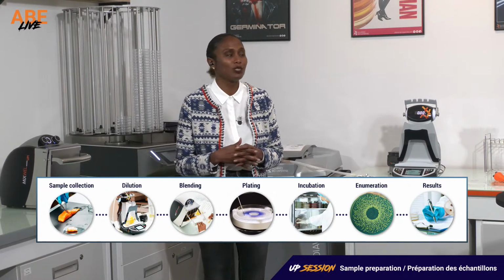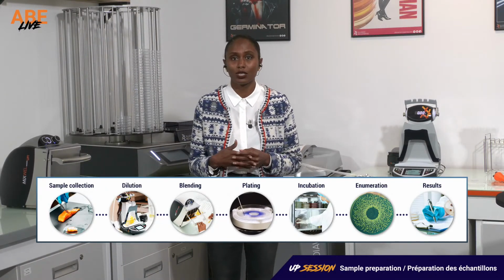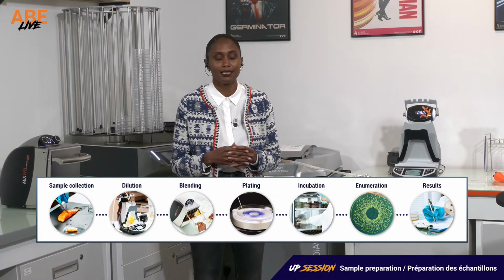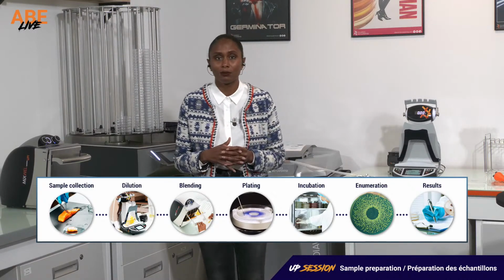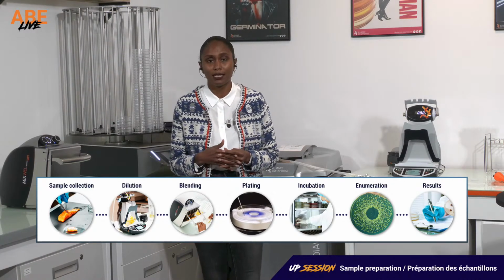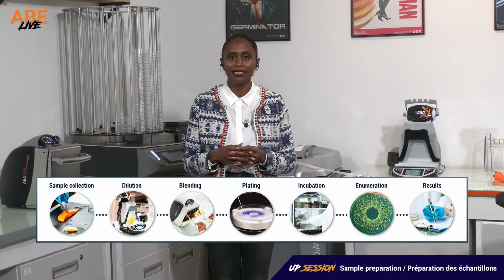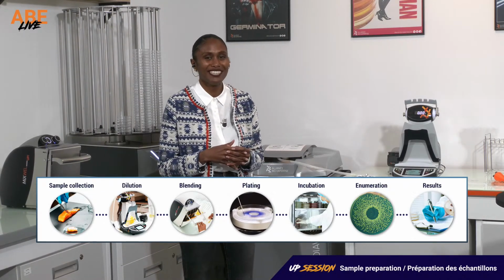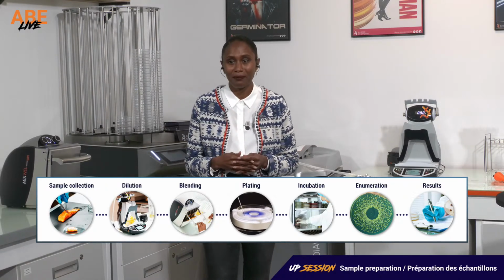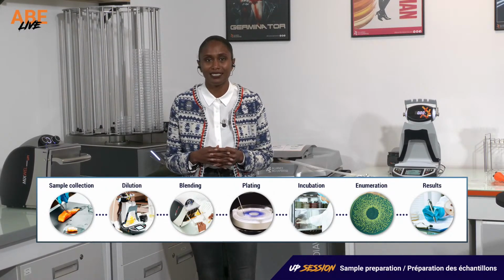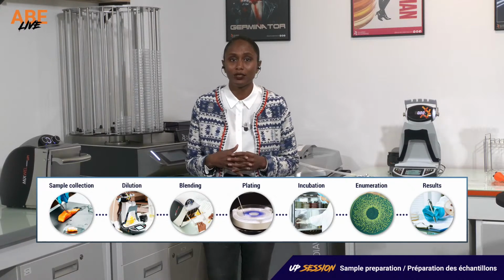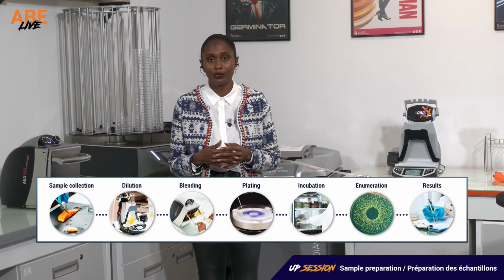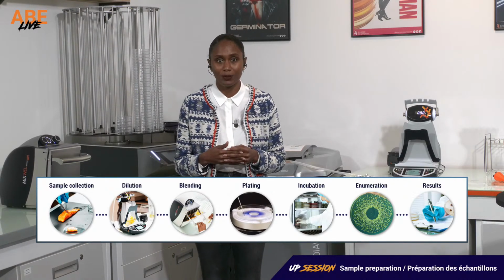Then this sample, you will go to our next step, which is the dilution. And this dilution, you will do it with a diluent that is a culture media specific for the microorganism that you are looking for. Then after the dilution, you go to the homogenization, with the blending step. And after this blending step, depending on your application, you can take a part of the sample and place it in a petri dish to go to incubation.